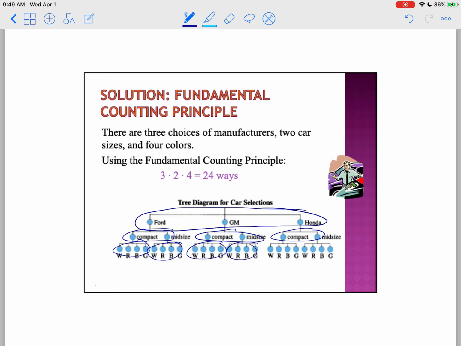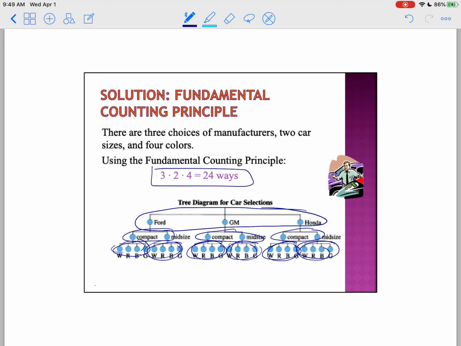And if we count up all of the bottom branches of this tree, that gives us the total number of ways that we could have gotten a car. And so we see it, we have 4, 8, 12, 16, 20, 24 different ways.